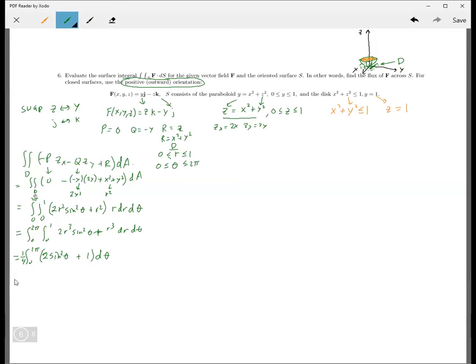Now integrate with respect to theta. The integral of sine squared is, yeah, it's 1/2 theta minus 1/4 sine of 2 theta.